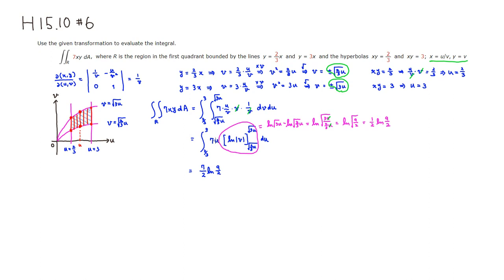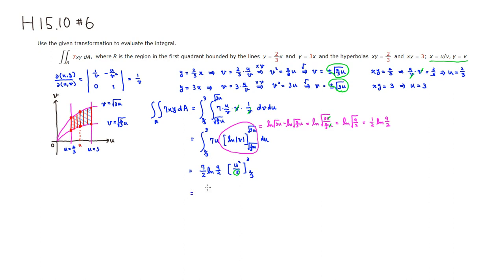The only thing that's left is u. So the antiderivative of u is u squared over 2, simply a power rule, and you're going from 2/3 to 3. So I'm going to combine this number and the constant in front.